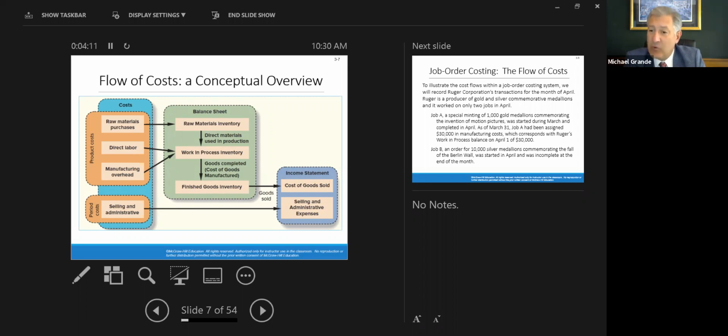When they are sold, they then go to the cost of goods sold. Again, we cannot expense the cost of our product until we sell it. Non-manufacturing costs, also referred to as period costs, are expensed in the period in which they are incurred. Again, we saw in chapter 1 a bunch of different costs, and you needed to identify them and put them in the right place.